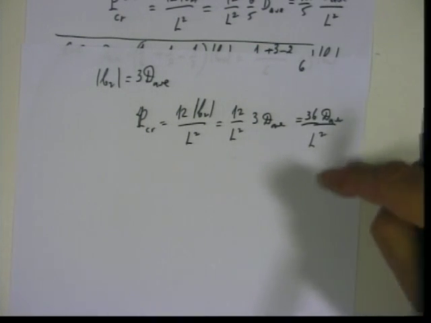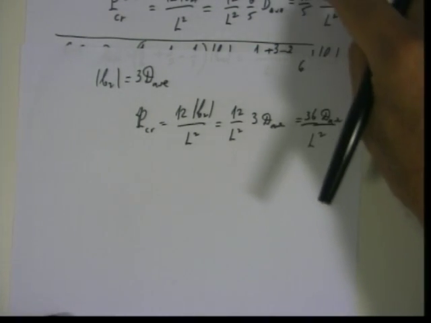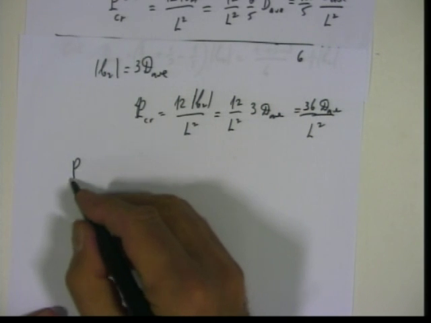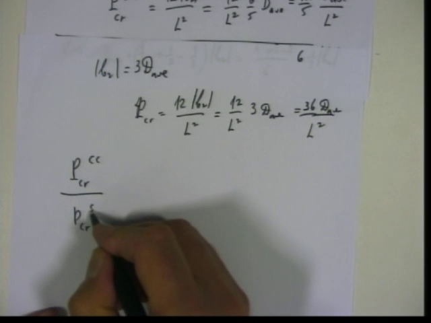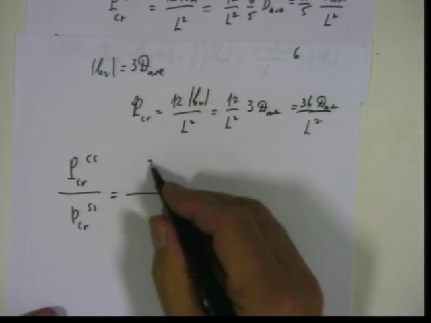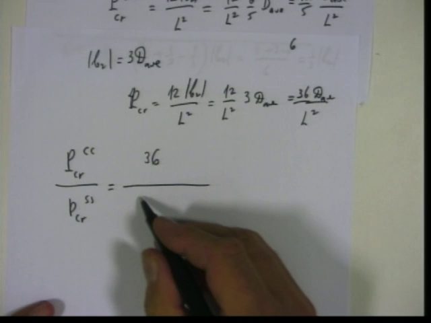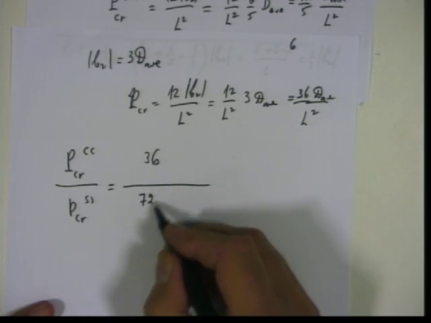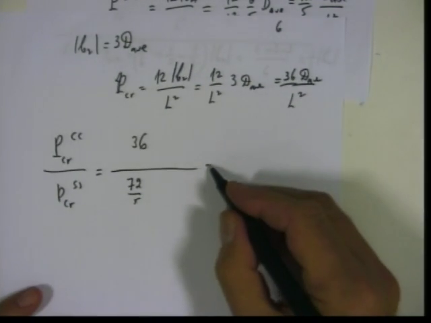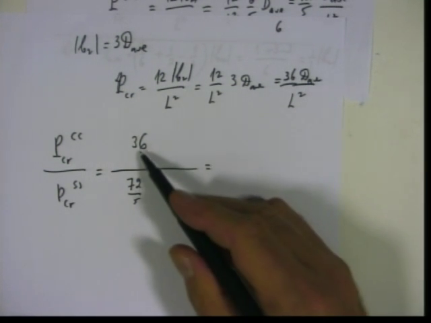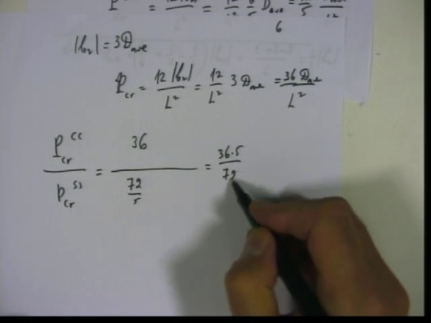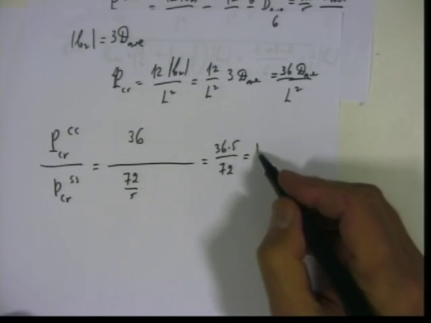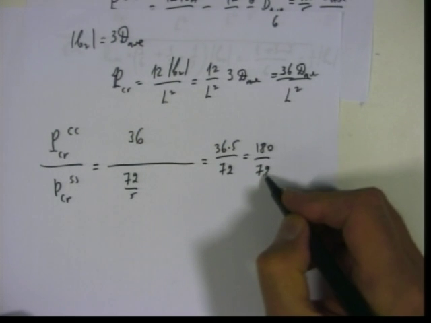So now you see in terms of the average, if the average value of d is the same, then P critical clamped divided by P critical simply supported will be 36 divided by 72/5. Or it will be 5 times 36 divided by 72, or it is 180 over 72.